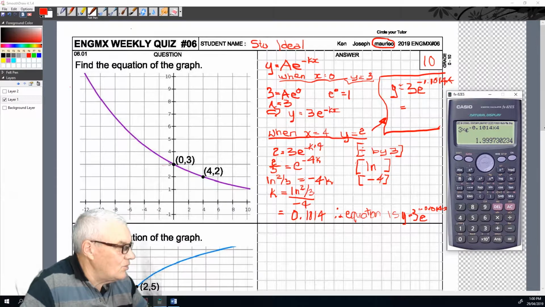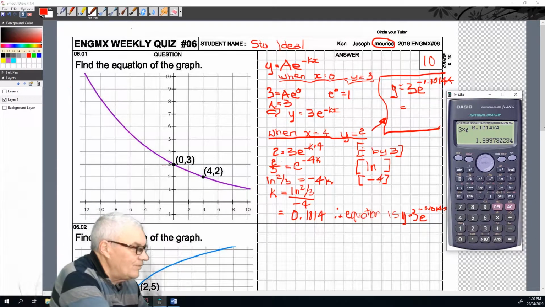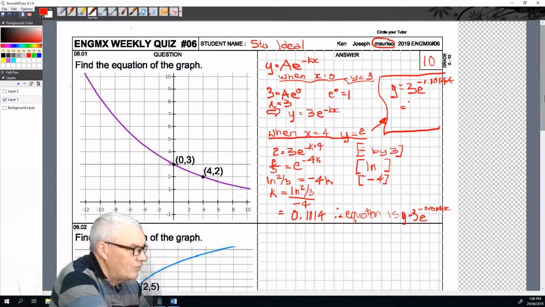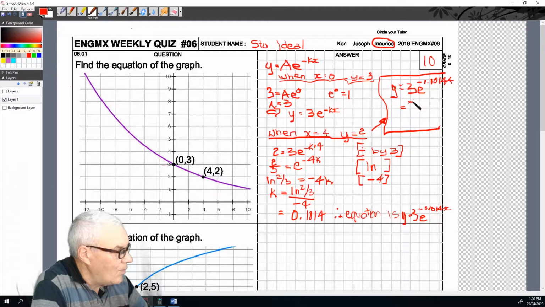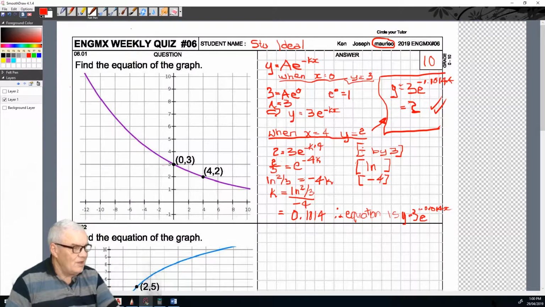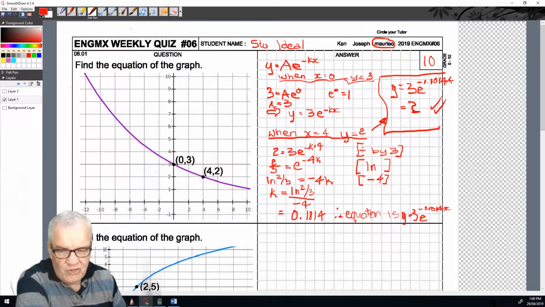So that equals, what does it equal? It equals 2. And so I'm going to give that 2 ticks because I've checked it. So there you are. That's question 1 all done.